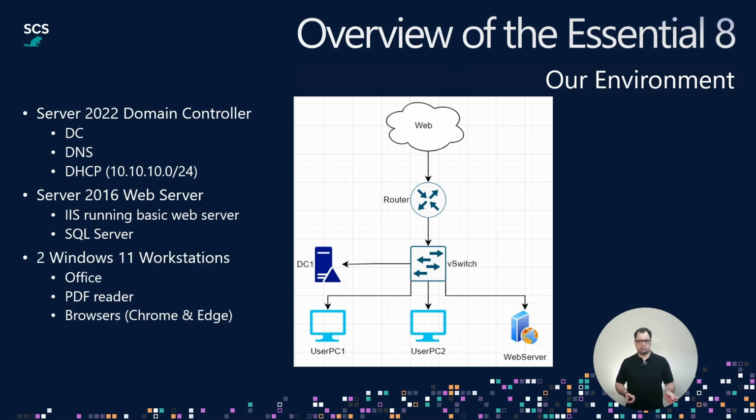Got 2 workstations with Office, PDF Reader, which is Acrobat, and a couple of browsers. And lastly, this all sits on a flat network behind a pfSense router. This lab won't replicate every environment, but it works for our course. If you don't have a domain controller and are running standalone devices, the lessons and actions are fundamentally the same.